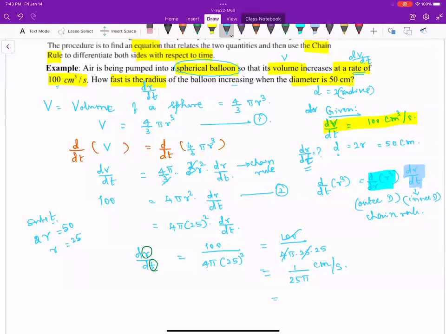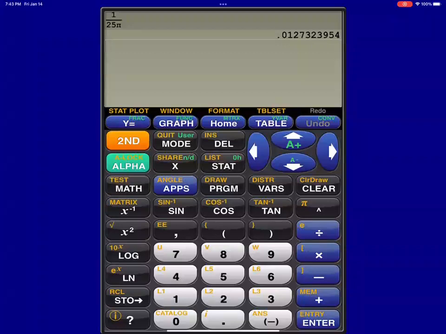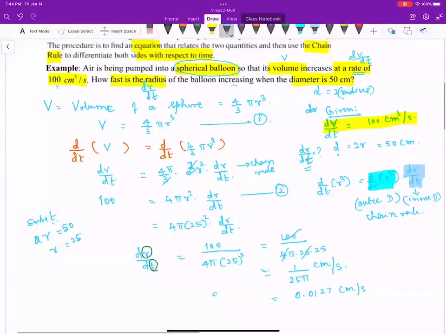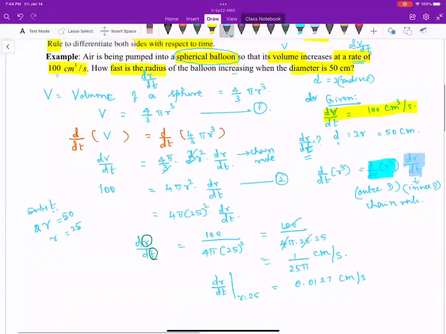And if you use your calculator, I see that 1 over 25 pi turns out to be 0.0127 centimeters per second. That's what you have to enter in the problem as the answer. So dr by dt, when r equals 25 centimeters, is given by our rate of change of radius.